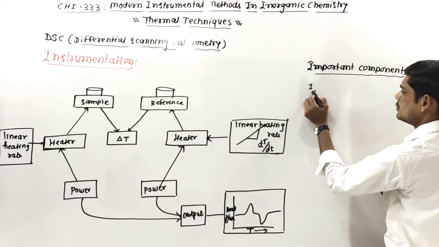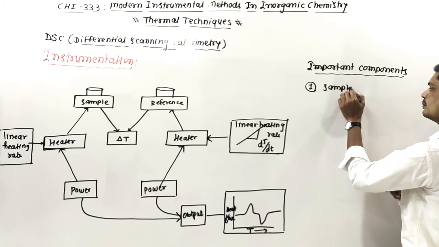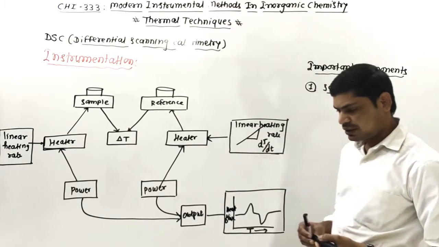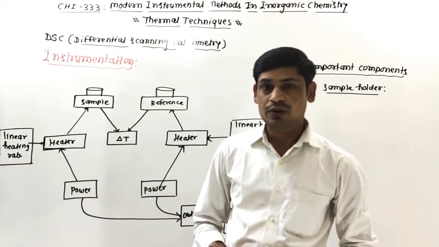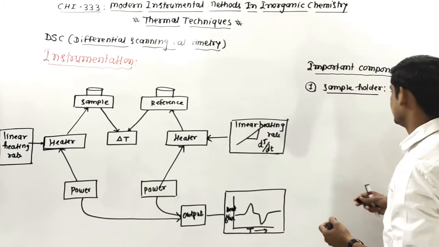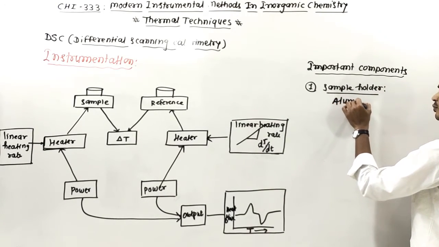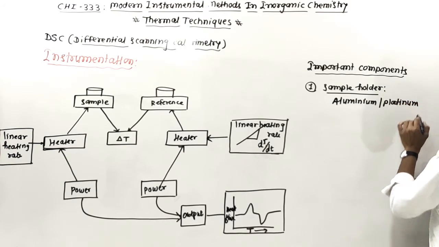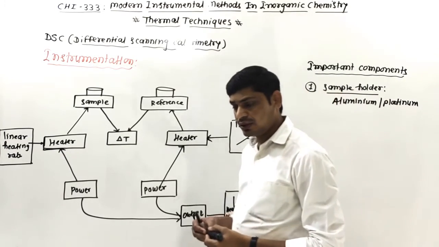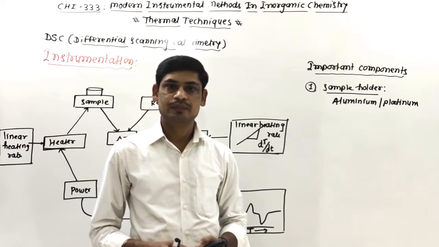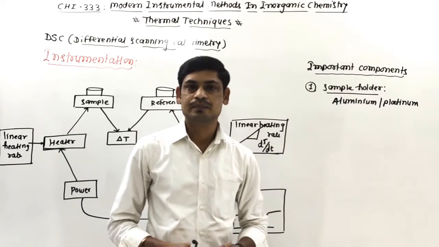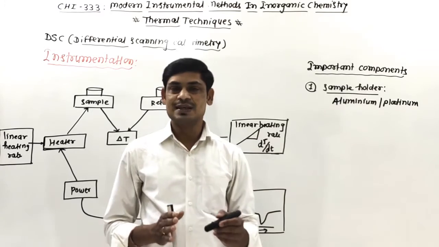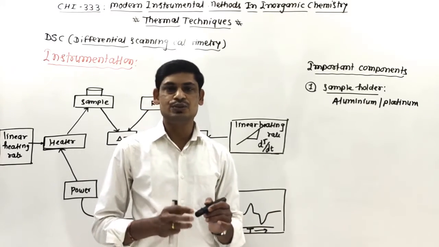Generally, the sample holder is made up of aluminium or platinum, depending upon the nature of the material, means the physical state of the material, and the study which we have to do over here, the different shape, size of the sample holder is chosen.